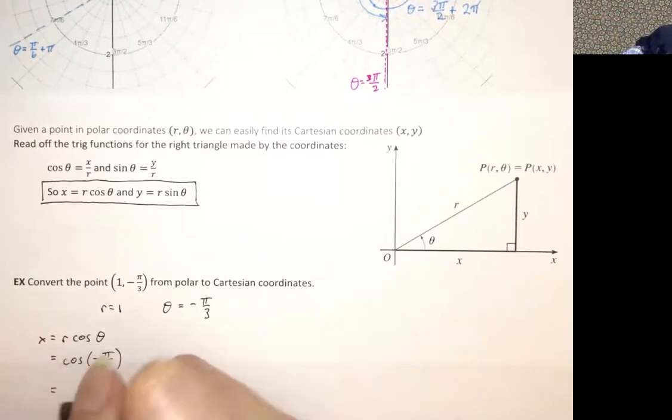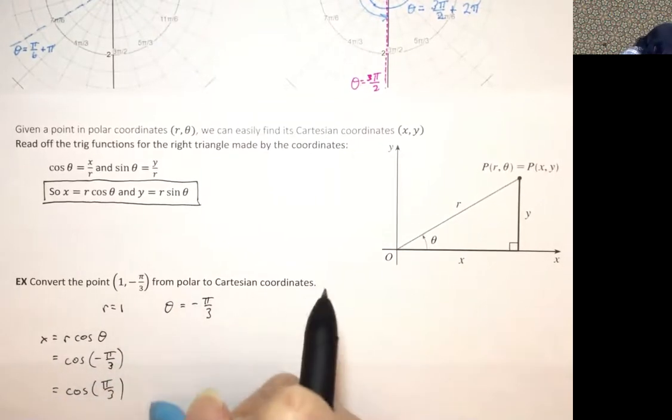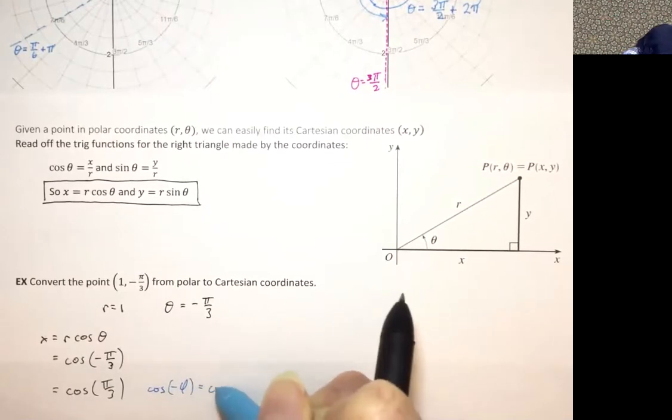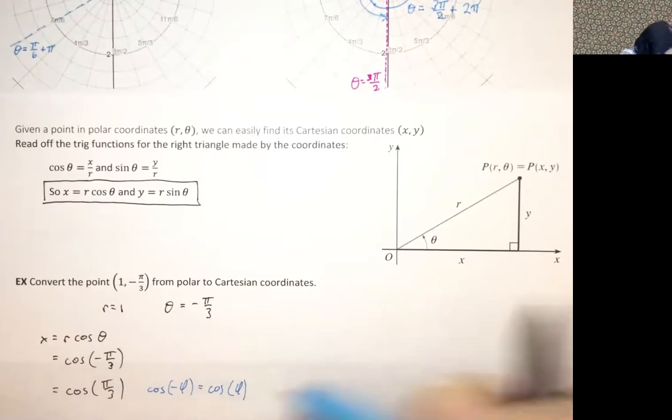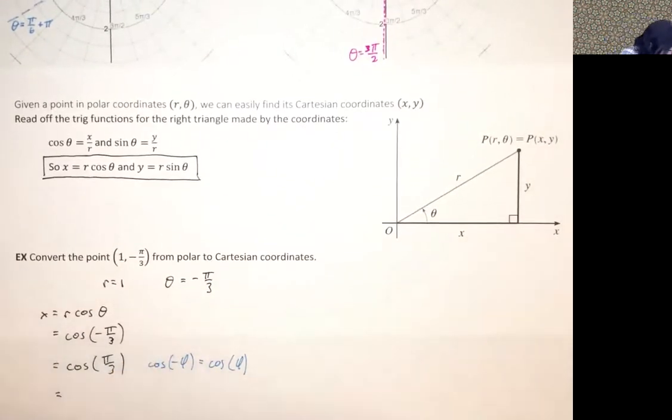So that's why this is always possible. So I'm just using a property of cosine there. Cosine of minus any angle is cosine of that angle. That's also called the property of being an even function. All right, so do you remember your value of cosine in the first quadrant at pi over 3? That's 1/2.